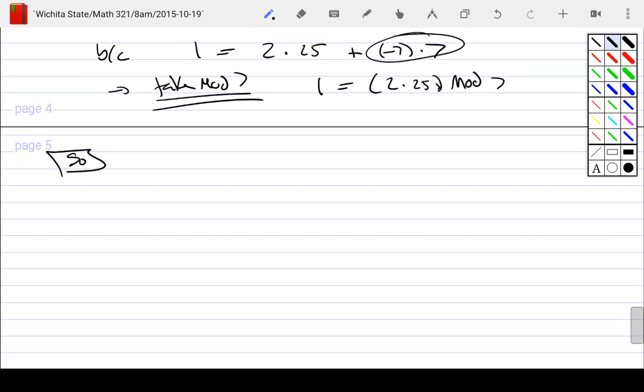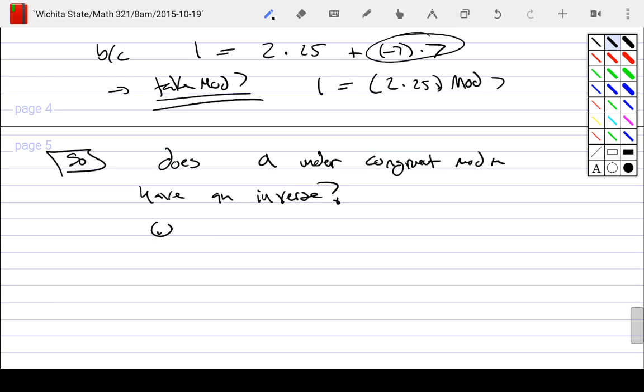So if I want to have a, say, A under congruent mod M have an inverse? Step 1, GCD of A and M must be 1.